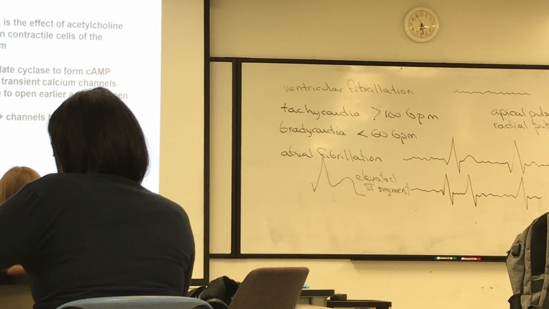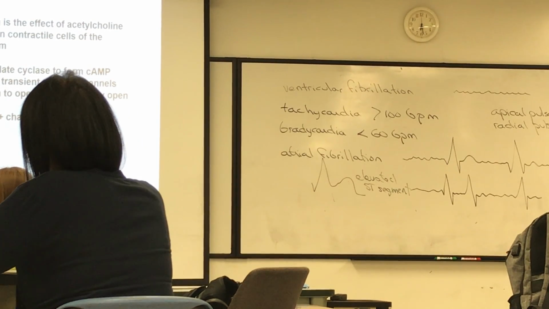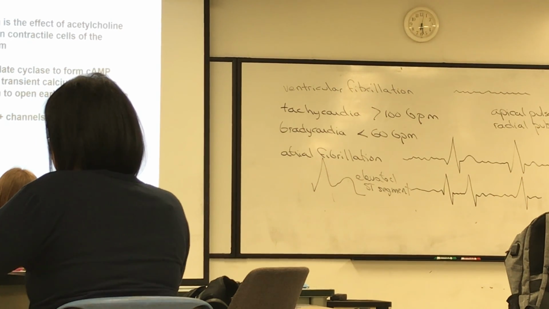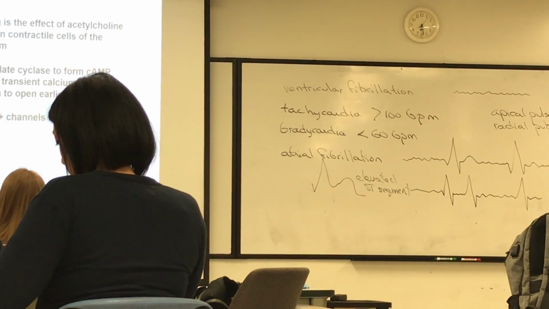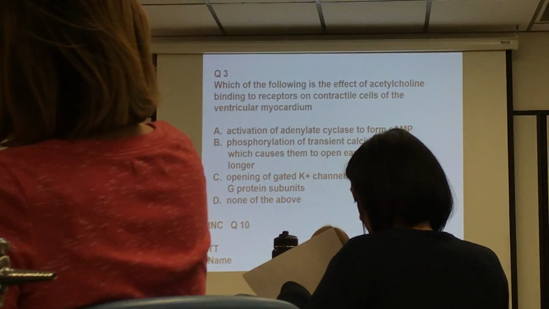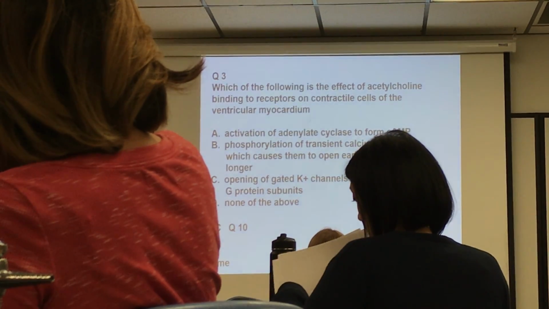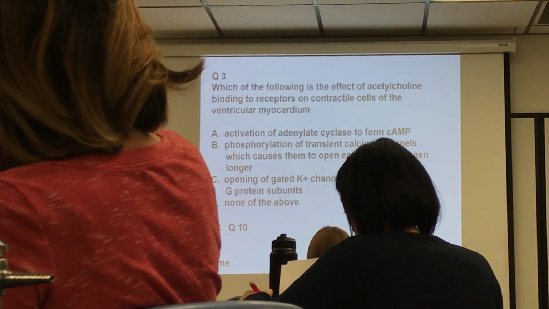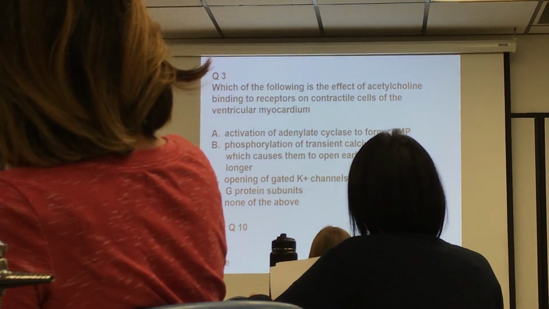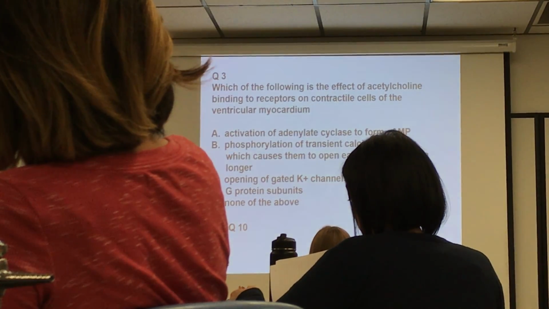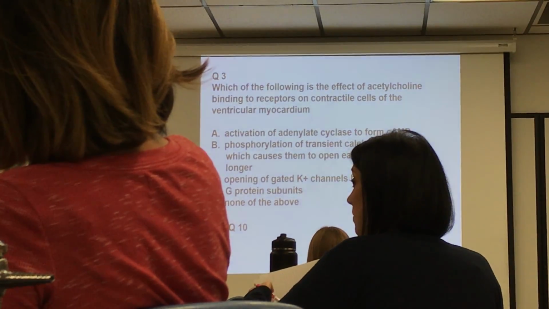Okay, so reviewing from Tuesday night, which of the following is the effect of acetylcholine binding to receptors on contractile cells of the ventricular myocardium? You ever played a game where you get a list of 20 or 28 things to do? The very first thing is read all of the requirements, and the very last one is, don't do anything, just turn your paper in.